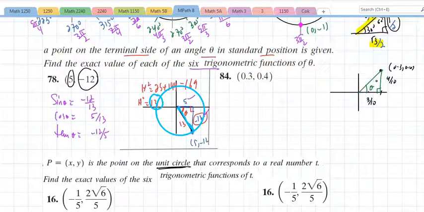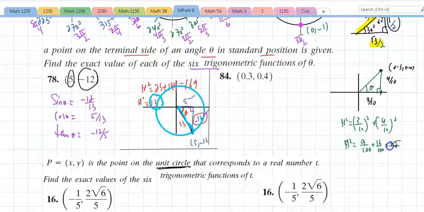There's the angle. Well, isn't the hypotenuse squared 3 over 10 squared plus 4 over 10 squared? Isn't the hypotenuse squared 9 over 100 plus 16 over 100, which is 25 over 100? And if I square root both sides, the hypotenuse would be 5 over 10.